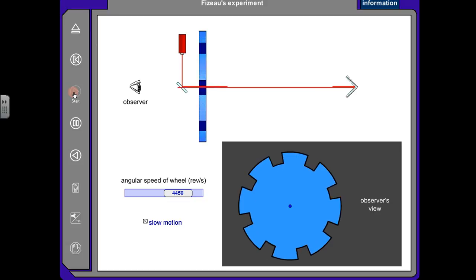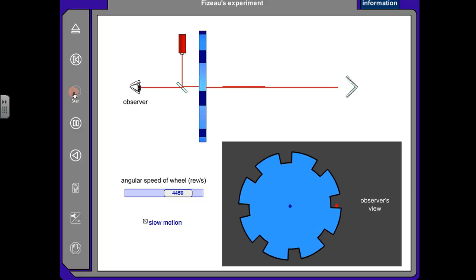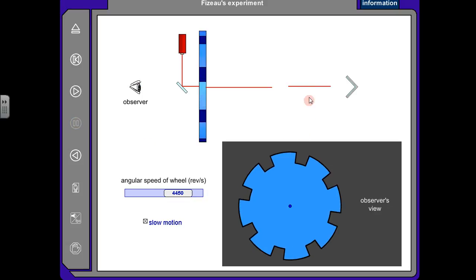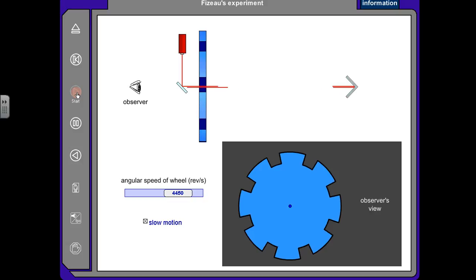So it's your job to come up with the equation that's going to be used for this apparatus to find the speed of light. Okay, so measure the length of that ray. And we'll watch it on the way back, see what we think.